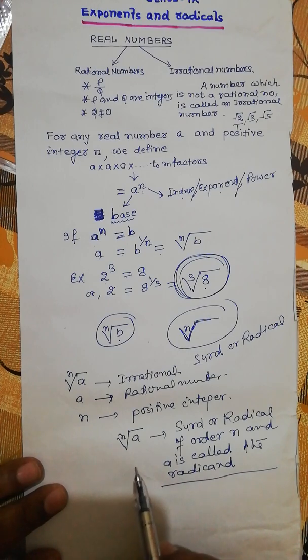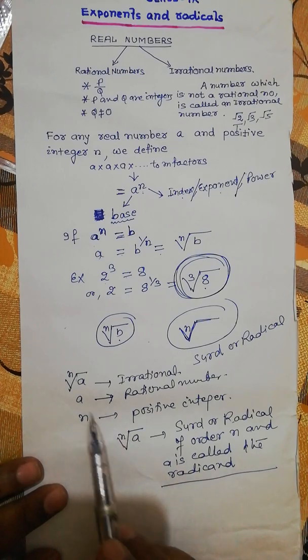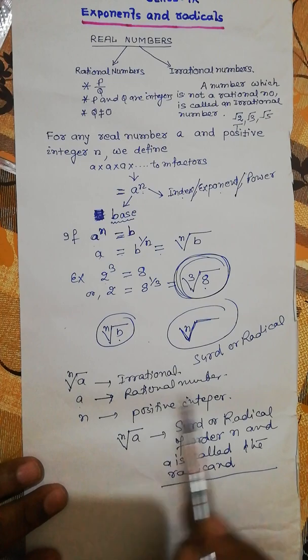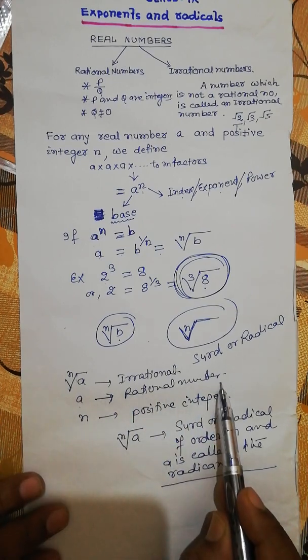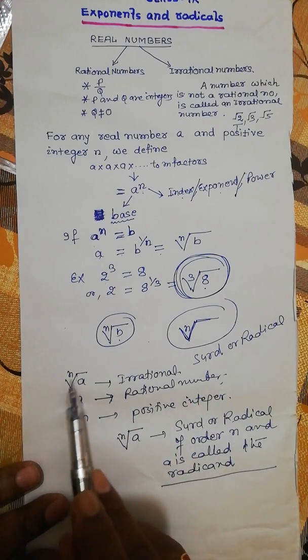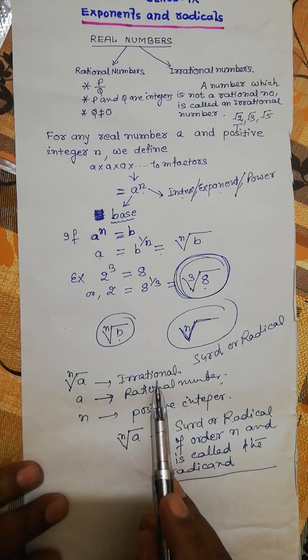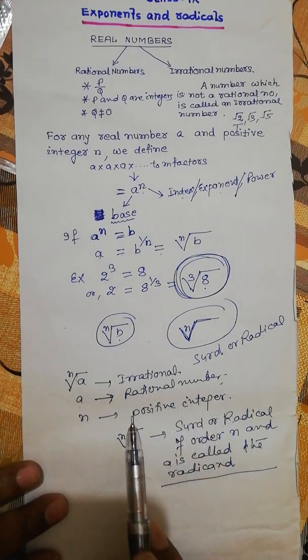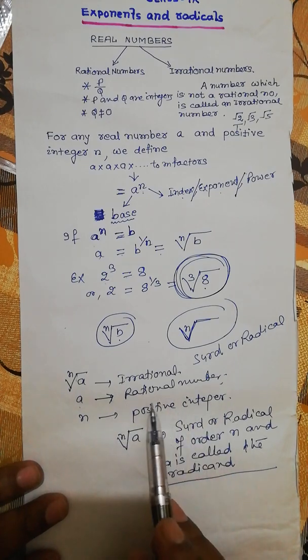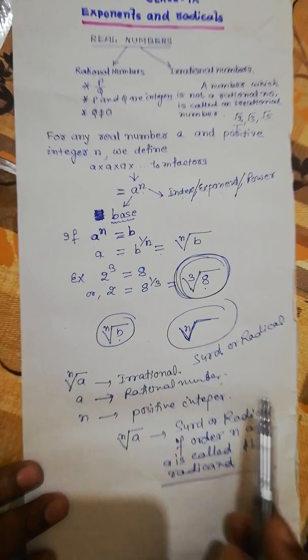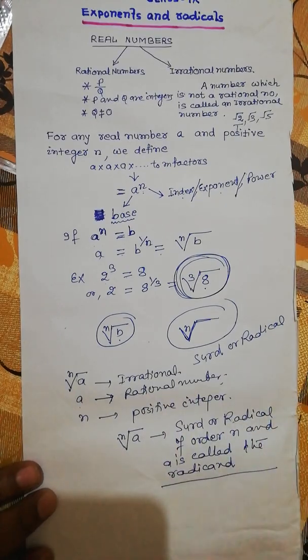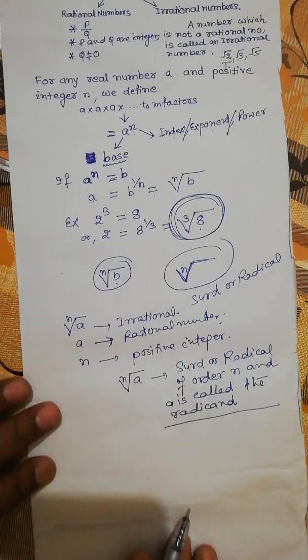So, if this a is an irrational number, then the nth root of a cannot be a surd. Or, if the nth root of a is a rational number, then the nth root of a is not a surd. These things are also important to understand.